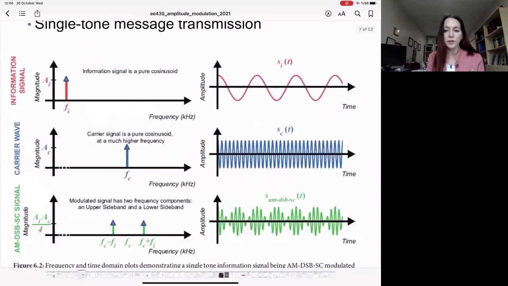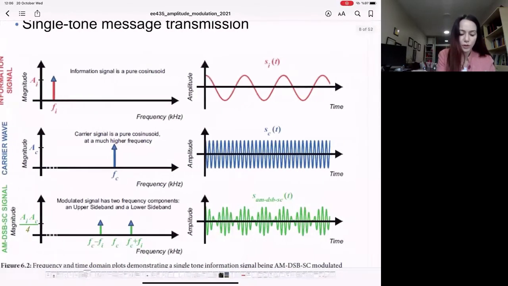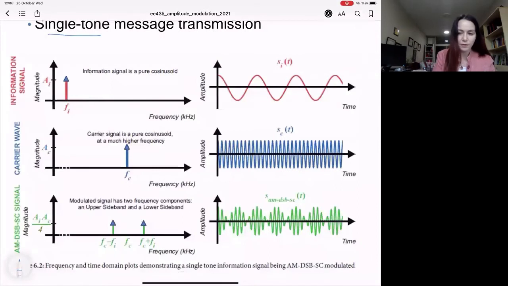Now, to understand the math a little bit better, let's start with a very simple message signal, which is a single tone. Single tone means, as you know from signal processing, it is a cosine or a sine. It's a sinusoid with any arbitrary phase, and it will have exactly this kind of magnitude spectrum, which is a single impulse.